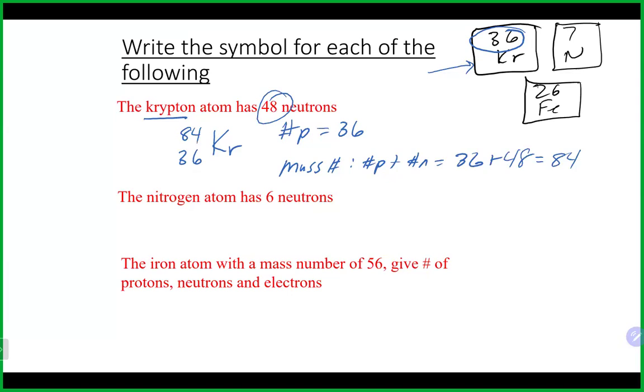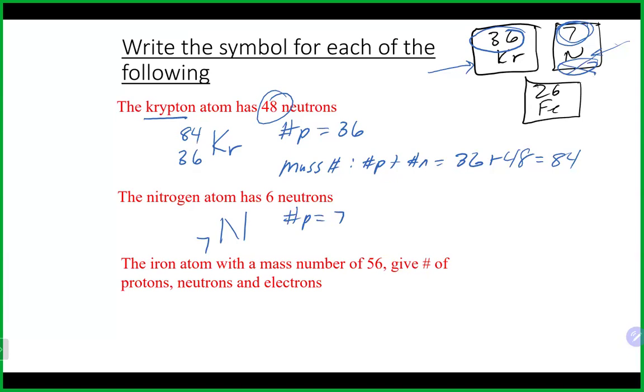Same thing here. If you're not sure, nitrogen is number 7 on the periodic table there. So once again, important information that we could get off of there is the atomic number and the symbol if you weren't sure. And again, that atomic number is going to tell us the number of protons, which is 7. Remember that the number on the bottom is not the mass number.